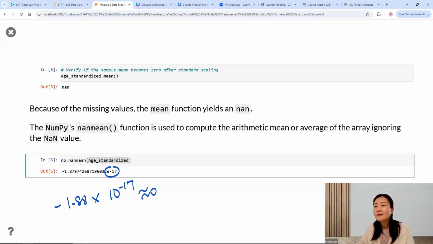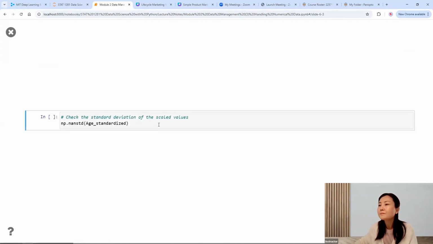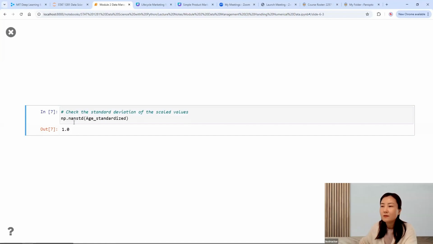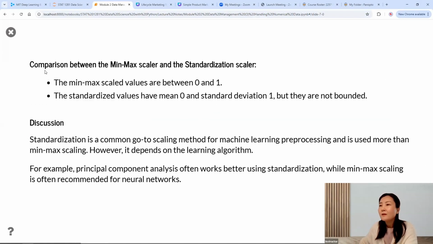It's not exactly 0 due to some rounding error in the calculation process. In concept, after we standardize the data, the mean of the column should be 0. We can also verify that the standard deviation is 1. It's exactly 1. So this is the second scaler, the standard scaler.